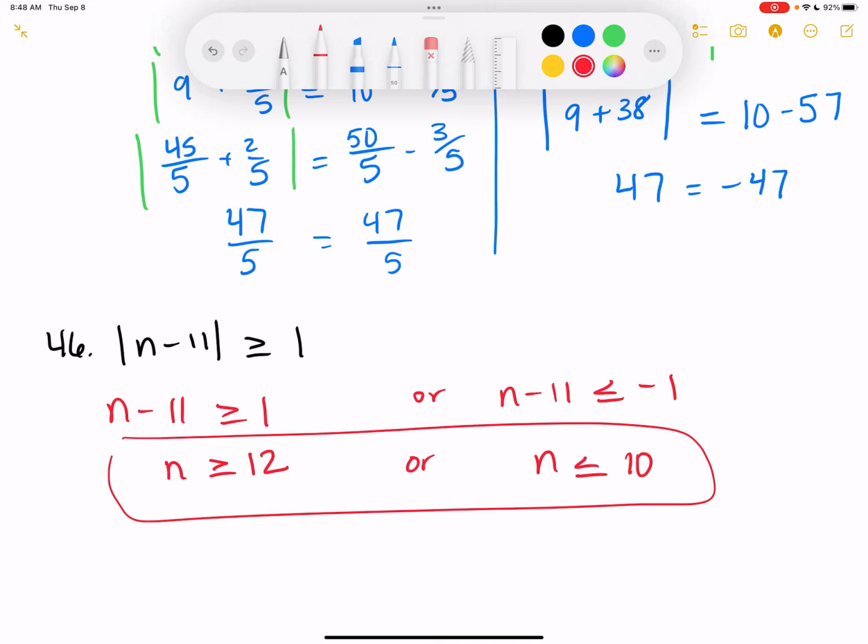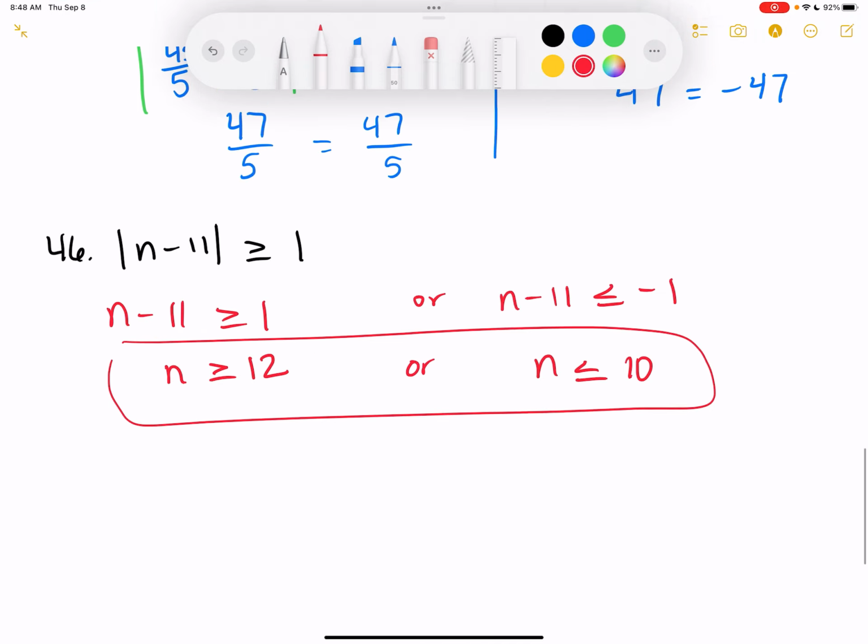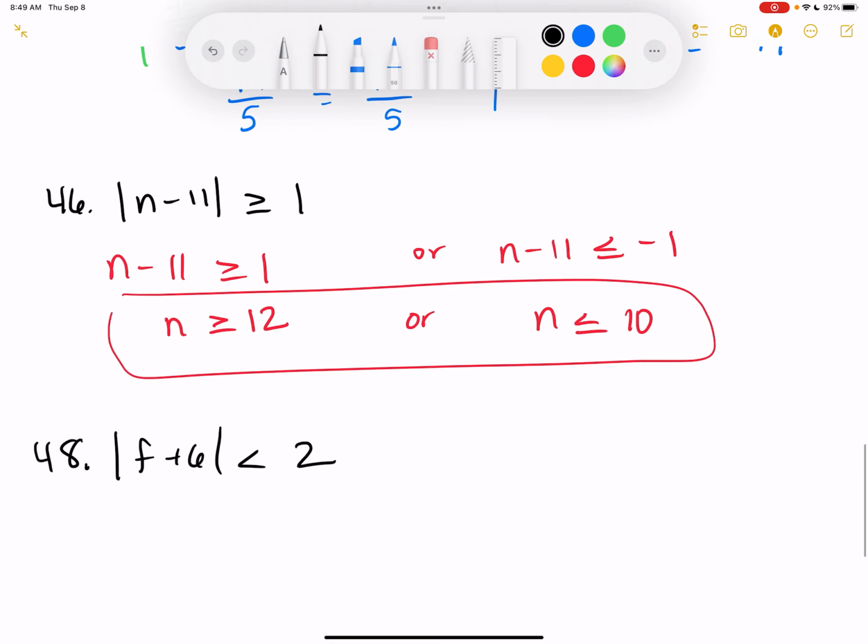And that's all you have to do for those ones. The other one, 48. The absolute value of f plus 6 is less than 2. So what are the two different ones that I have set up here? F plus 6 is less than 2, and f plus 6 is greater than negative 2.